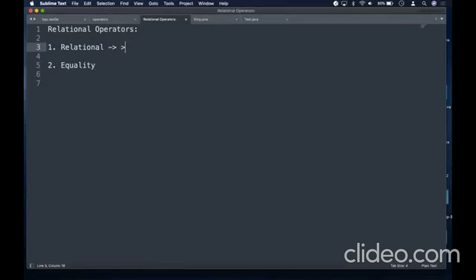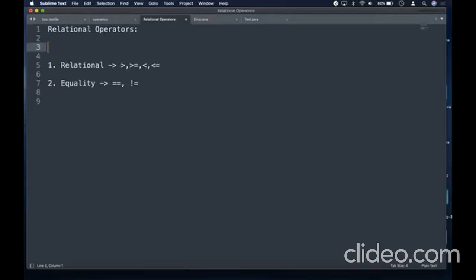Relational here means greater than, greater than or equal to, less than, and less than or equal to. These are called relational. And here we have the equality operators, which are the double equal to operator, which is equality, and of course we have the not equal to operator. But there was a separation given. Of course, you can still call all of them relational operators, no problem.